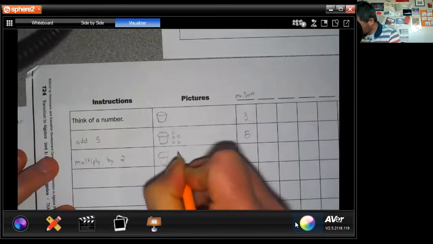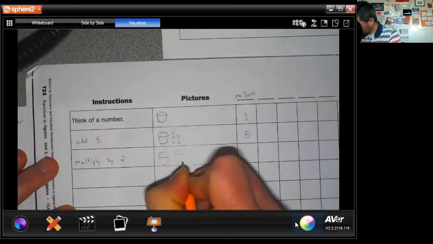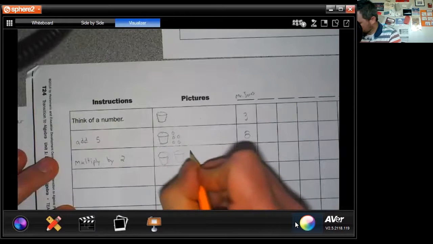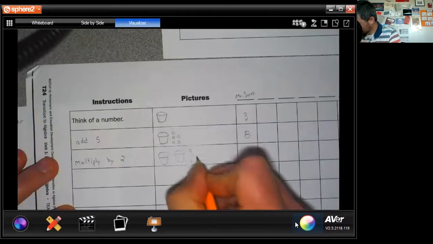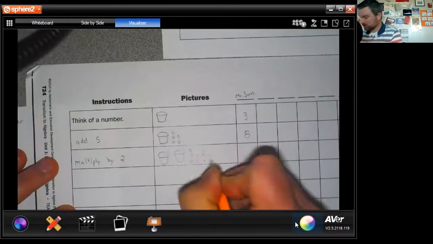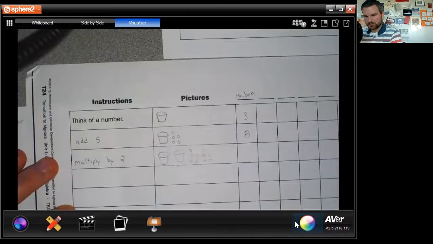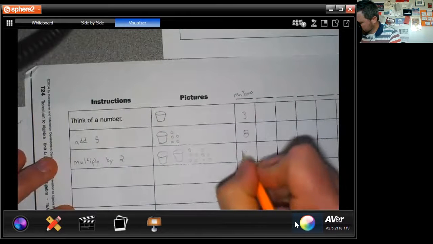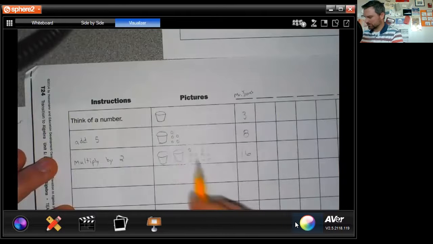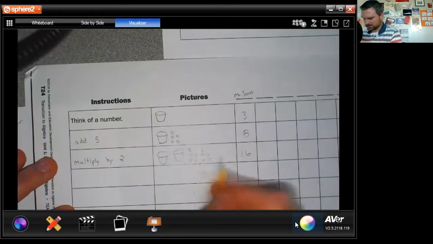So there's 1 bucket, there's 2 buckets, and instead of 5 dots, now I'm going to have 10 dots. So you can kind of see my picture just doubled. Okay, and now there's 16 things. So I got 10 dots, and each bucket represents 3. So 3 and 3 is 6, total of 16.